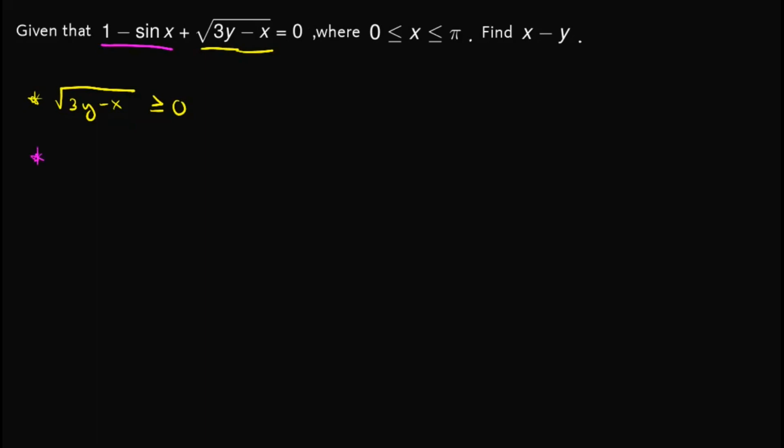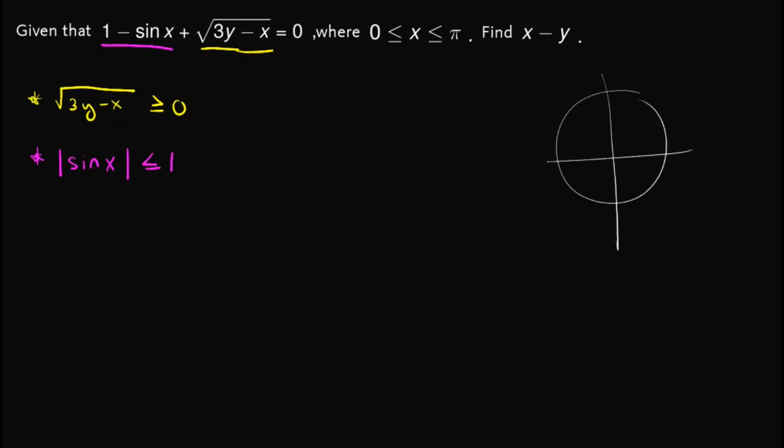Now, since we know that the absolute value of sine x is less than or equal to 1. We know this from basic knowledge of trigonometry, especially when we have the unit circle.